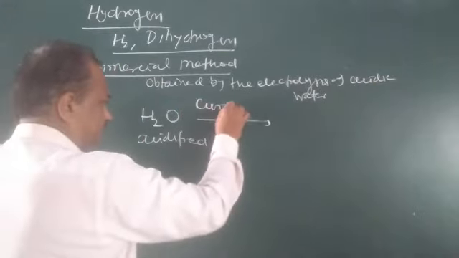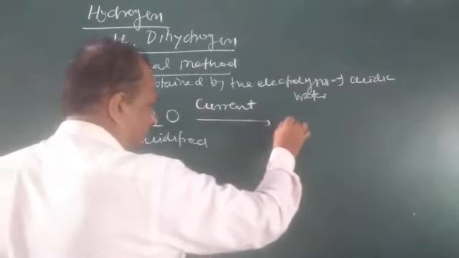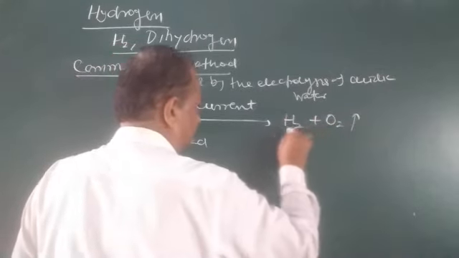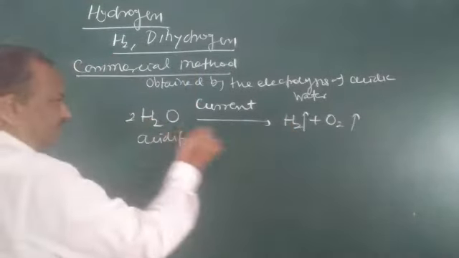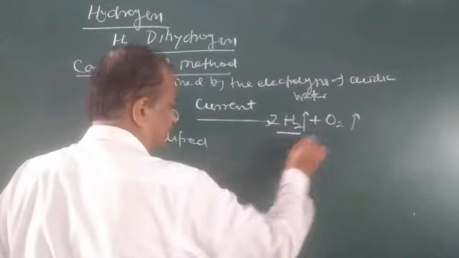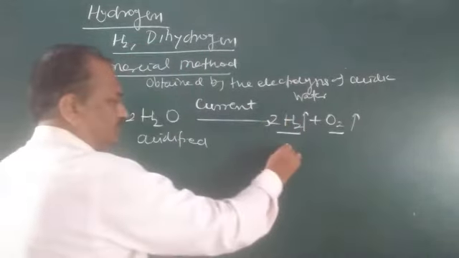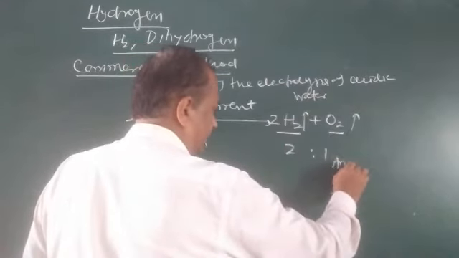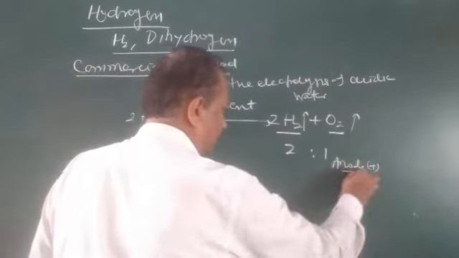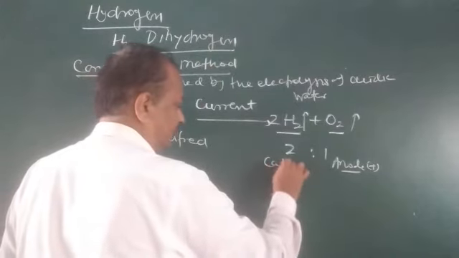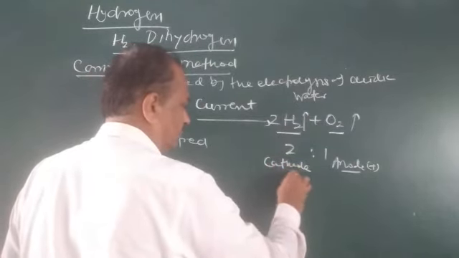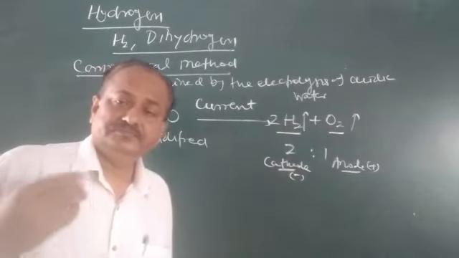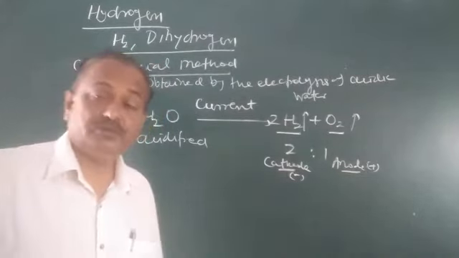So current, and then there is formation of H2 and O2. Here we balance. So this is the ratio of 2:1. O2 is at anode or positive. H2 is at cathode or negative.